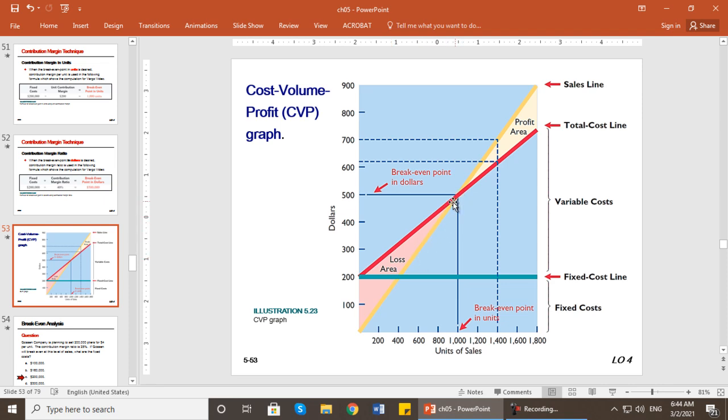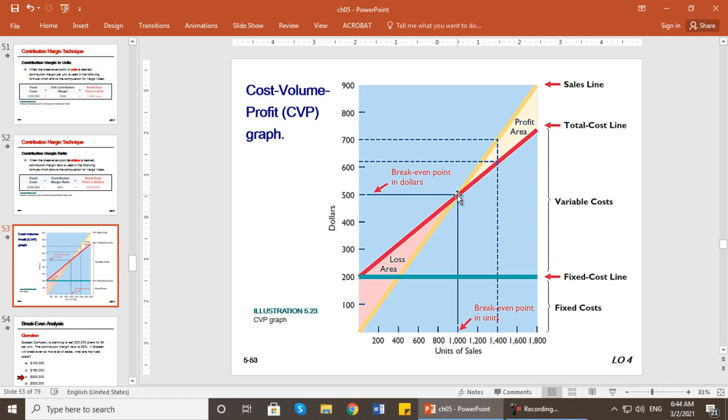If the sales are less than 1000 units, the company will realize losses. But if the sales volume is above 1000 units, the company will realize profit. Here's the profit area.